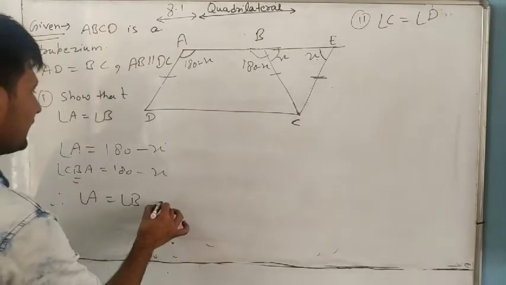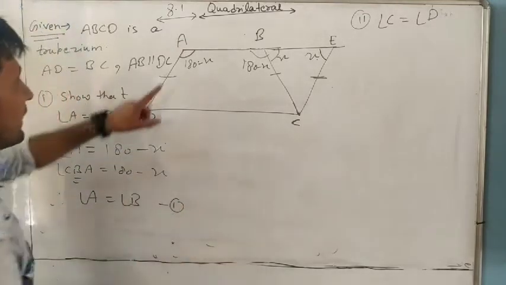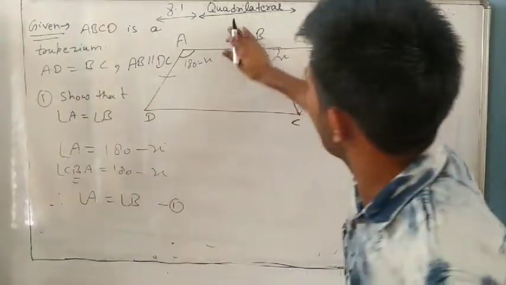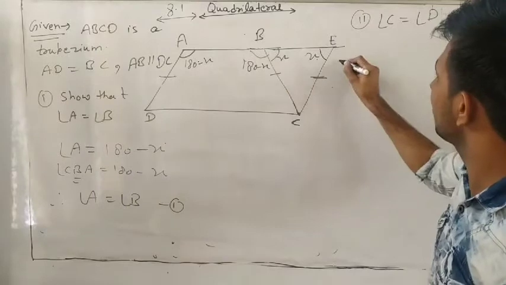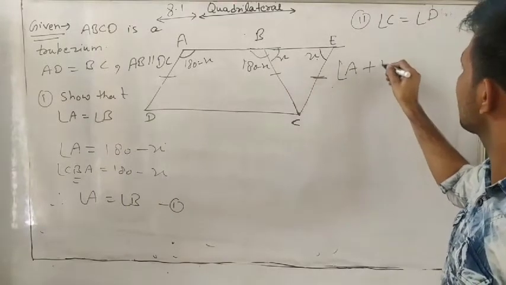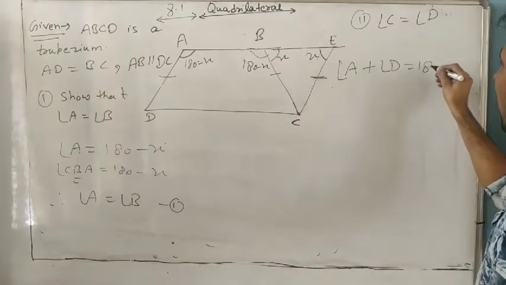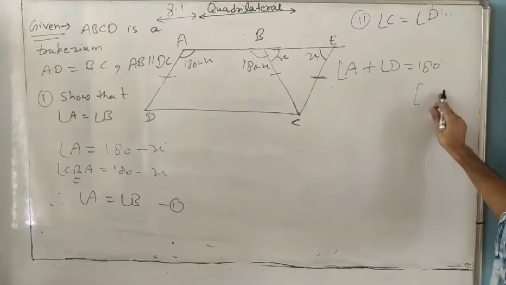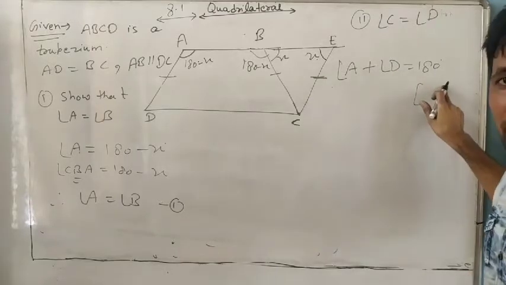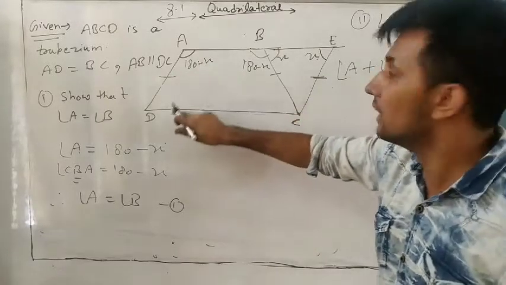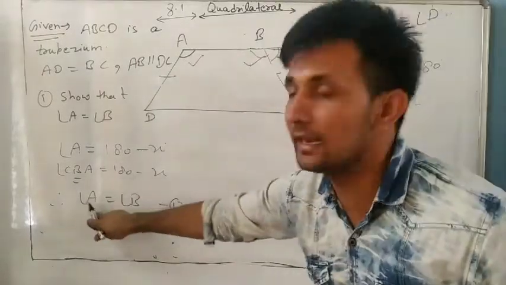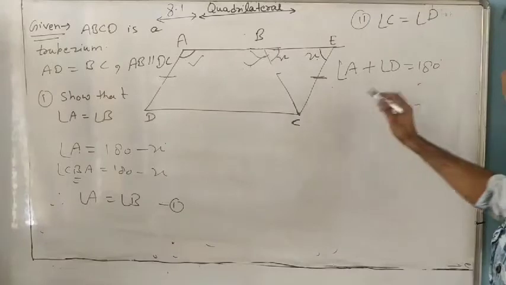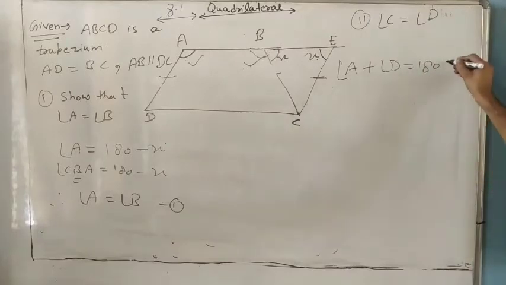Angle A equals angle A. So we will write, and we know these two are parallel lines and it is a transversal, so angle A plus angle D is 180. Yes, the sum of interior angles on the same side. Because we already proved that angle A equals angle B, so A plus D is 180.